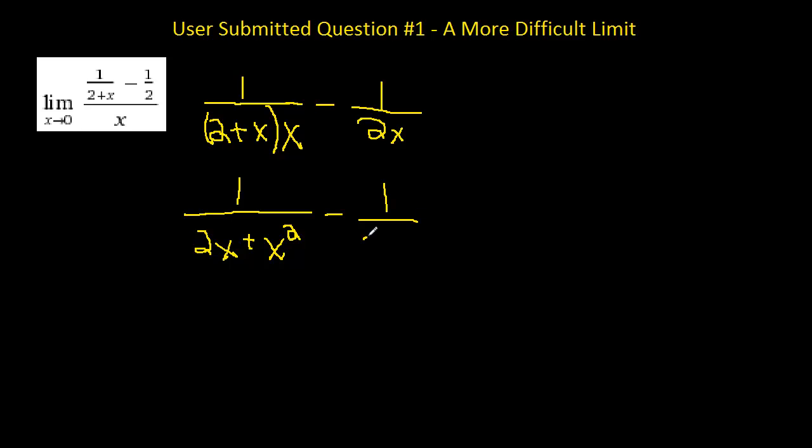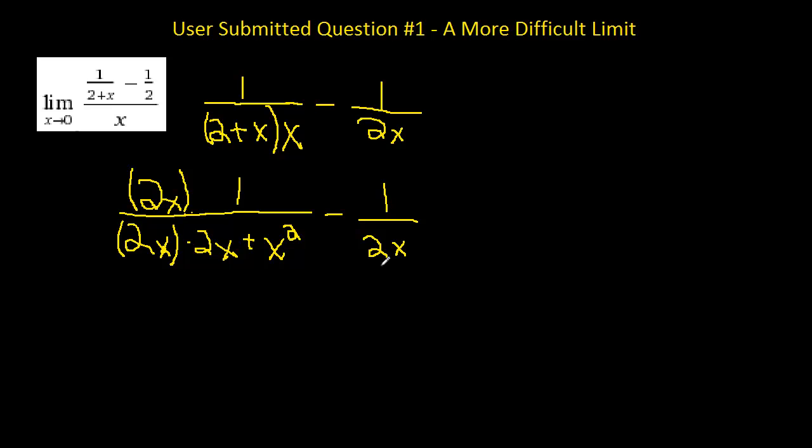Alright, so now we multiply 2x on the top and bottom. Should be a multiplication sign there. 2x on the top, 2x on the bottom. And so we're effectively multiplying by 1. We're safe to do this, as you probably already know. And so hopefully this makes sense. We're going to multiply by the same thing on this side.